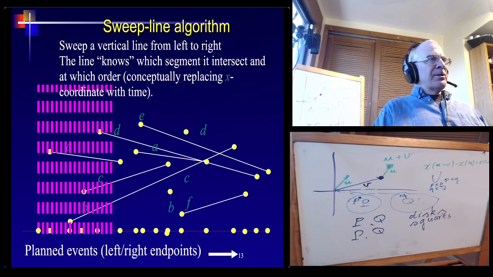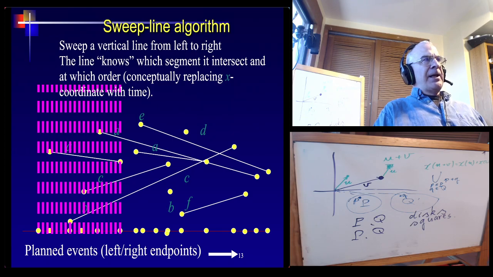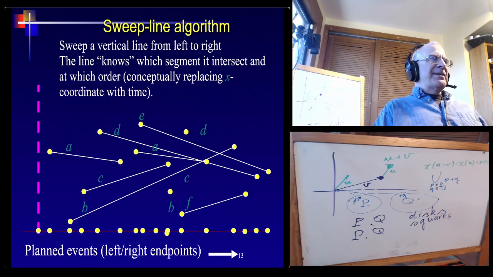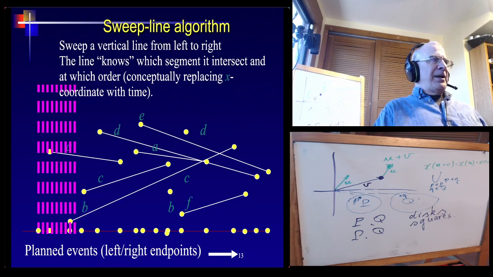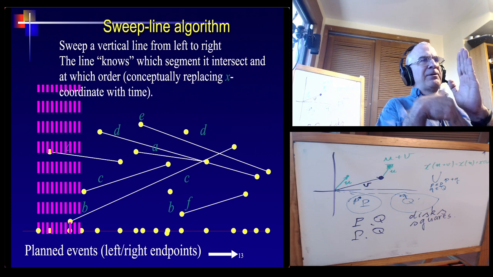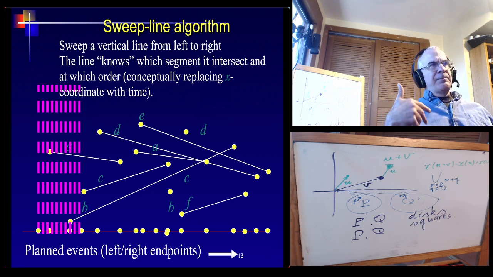Okay, so my first observation that I showed you with a Java applet in a more dramatic way was that if the sweeping line only needs to know what are the segments that it crosses and in which order, I can move from here until here, and between these two steps, I did not start intersecting any more segments.